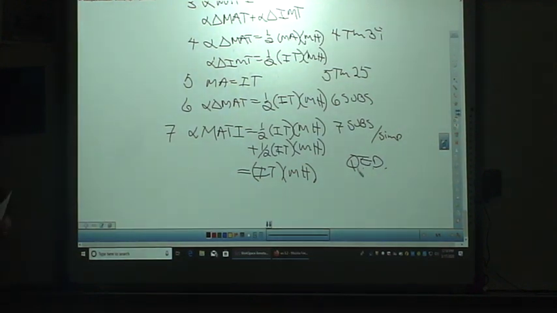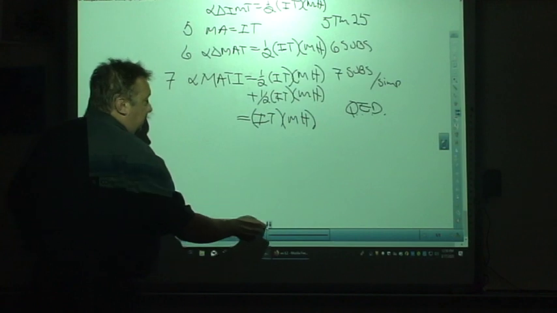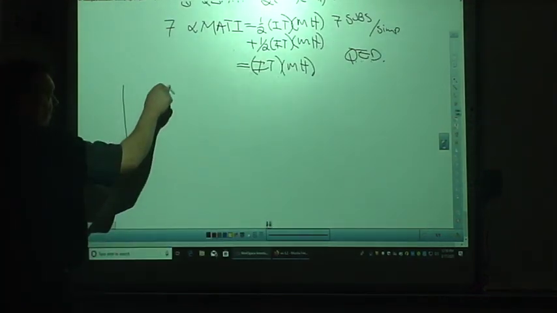Next page, again, we're thinking either angle-angle or side-angle-side or side-side-side, mostly focused on angle-angle. In this next proof, we have a pair of parallel lines.